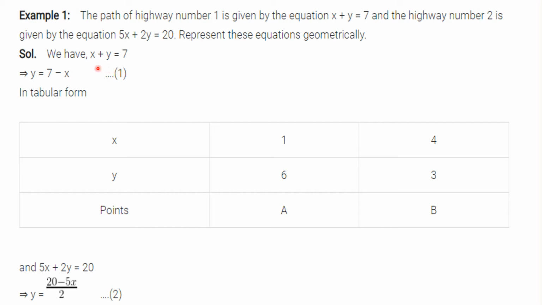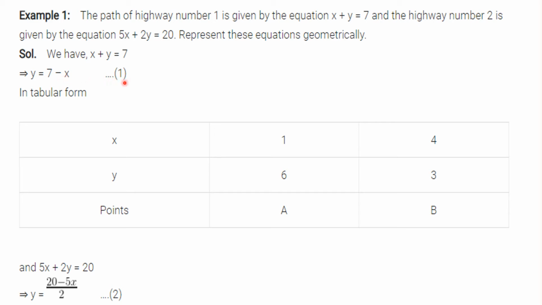First of all, we take the equation x plus y equals 7. We can write this equation as y equals 7 minus x, and we consider it as equation number 1. Now we form the solution table for equation number 1. Our equation is y equals 7 minus x.